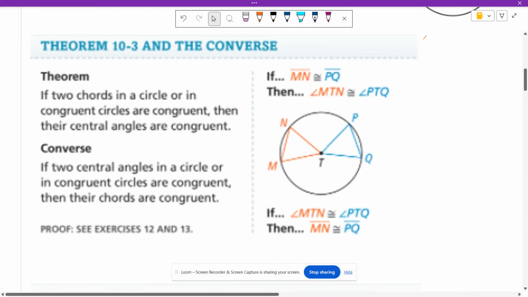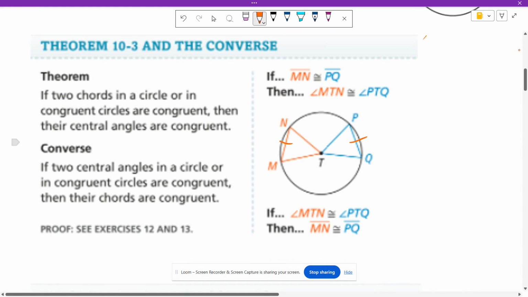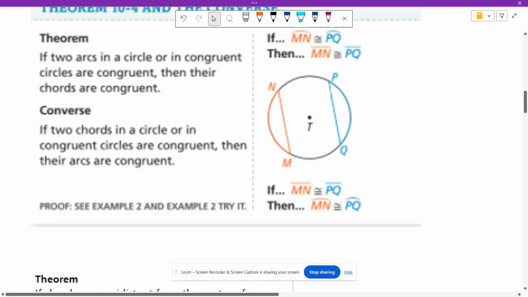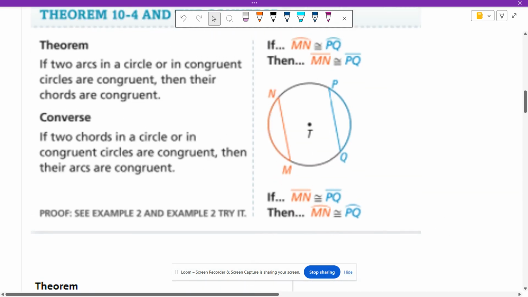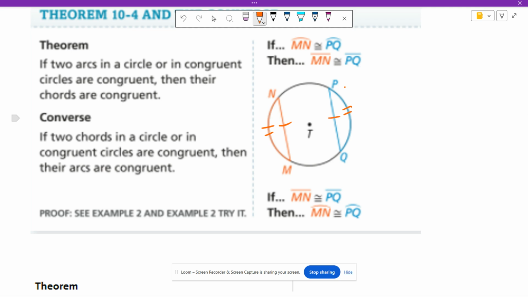So, if this is congruent to this, then this angle is congruent to this angle. Going the other direction, if this angle is congruent to this angle, that makes this side congruent to this side. If this arc is congruent to this arc, that means this chord is congruent to this chord.